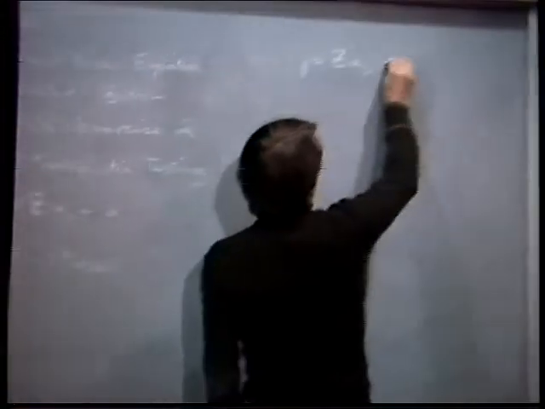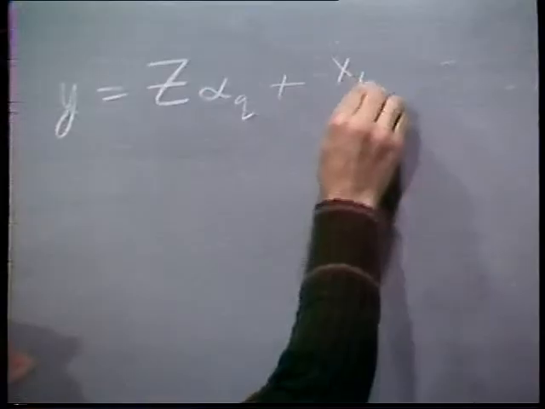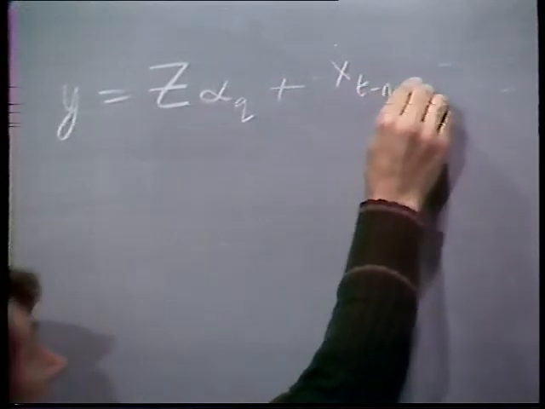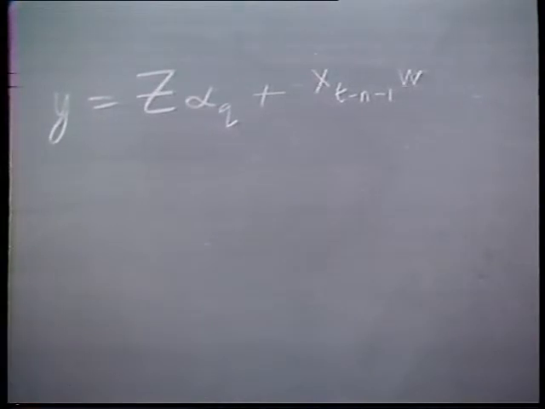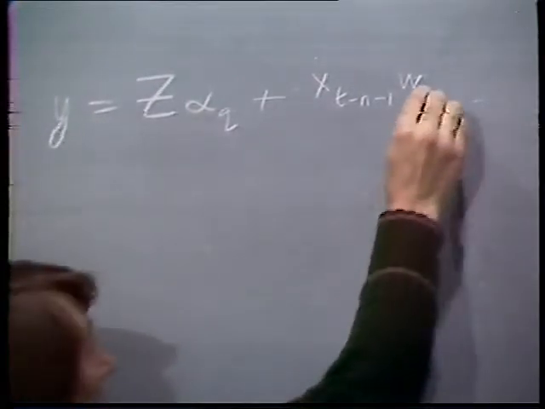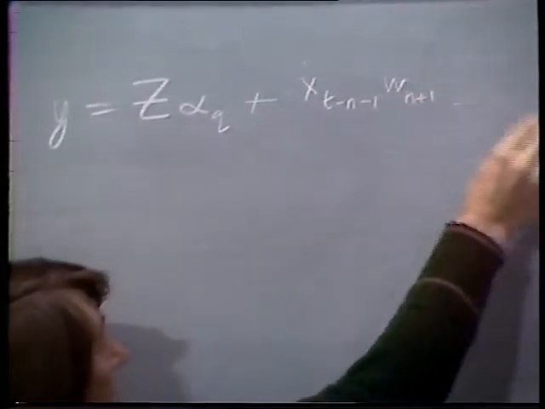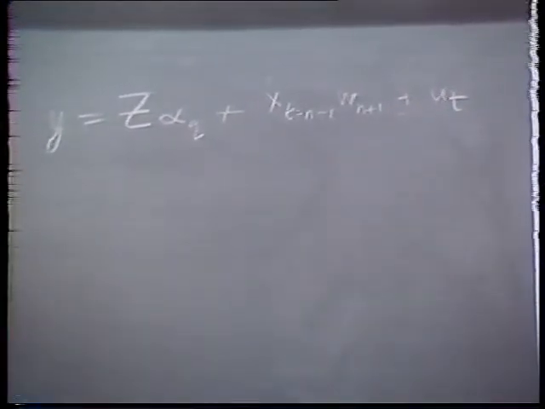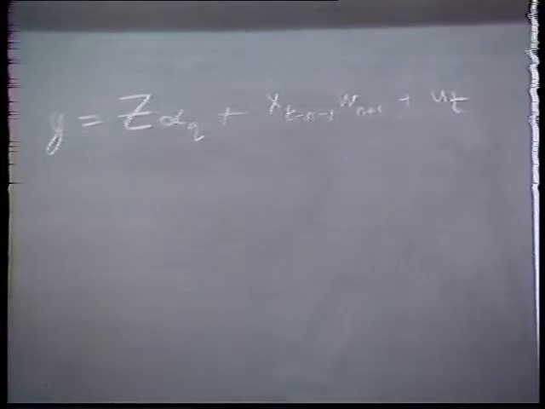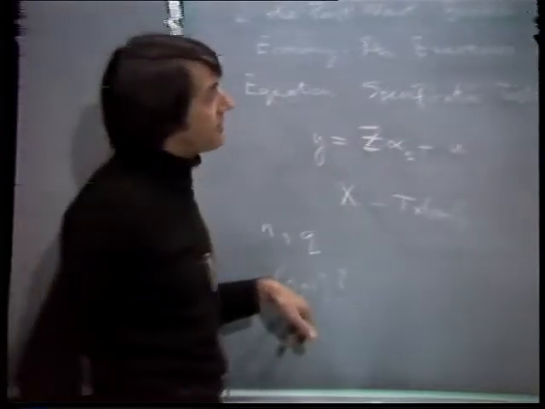We now add in x at t minus n minus 1, and we have an unrestricted coefficient, w n plus 1. So we've just added in that final lag at n plus 1 without any restriction.